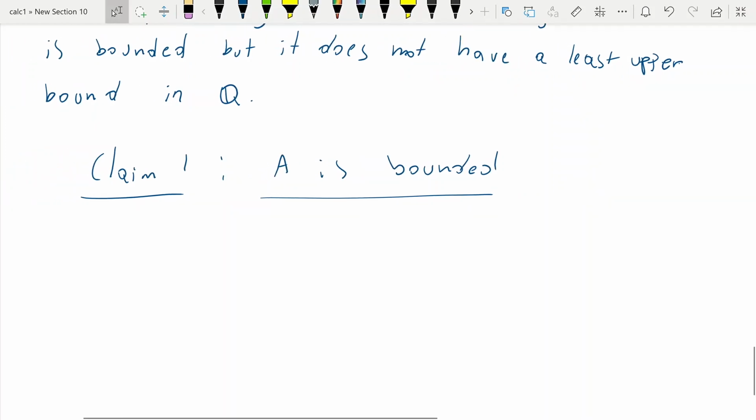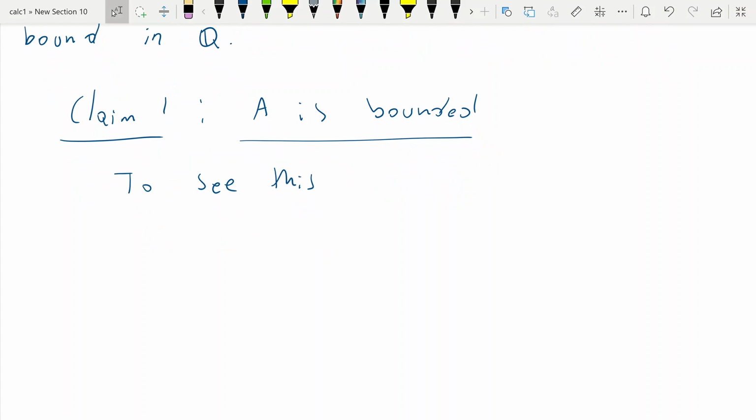To see this, we show that 2 is an upper bound.